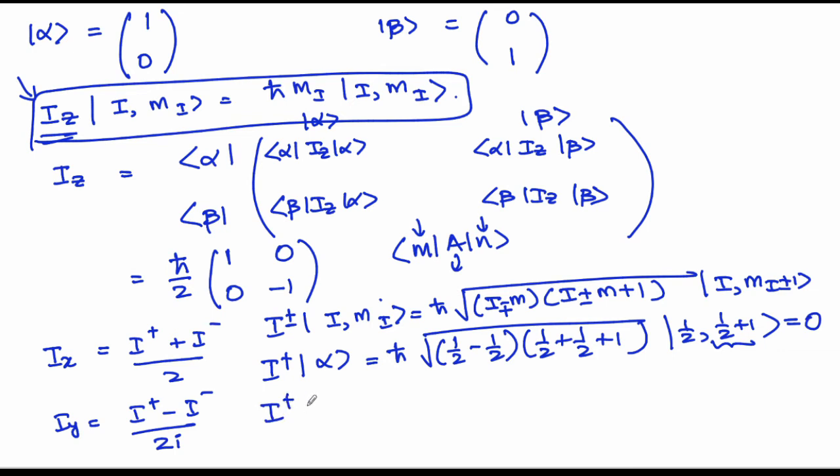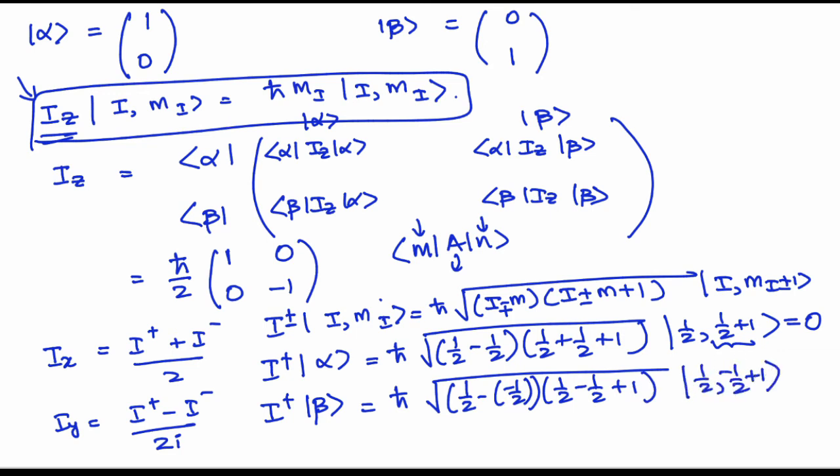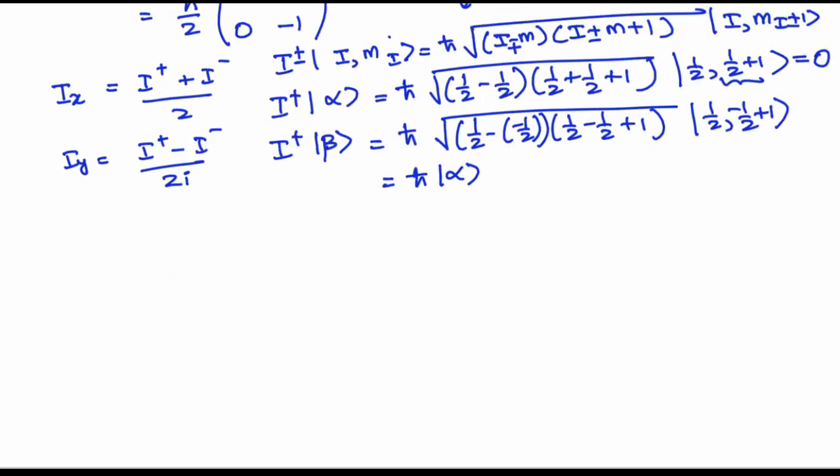On the other hand, I plus on beta will be equal to this. This makes sense because minus half plus 1 takes you to plus half, which will be the alpha state, and you are able to understand the entire coefficient goes to 1, so you are going to get h cross on alpha.